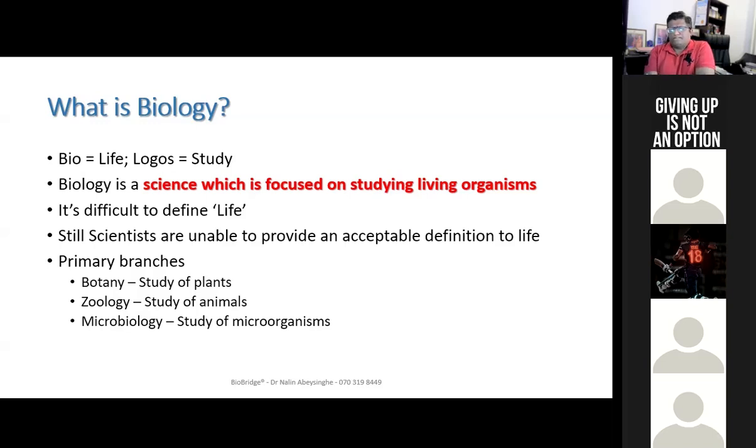But you can't include all those 7 features into a definition. Why? If there is a definition, all living organisms should show it, or should be included in that definition. Because of that, it's been difficult to define what is life and what is not.